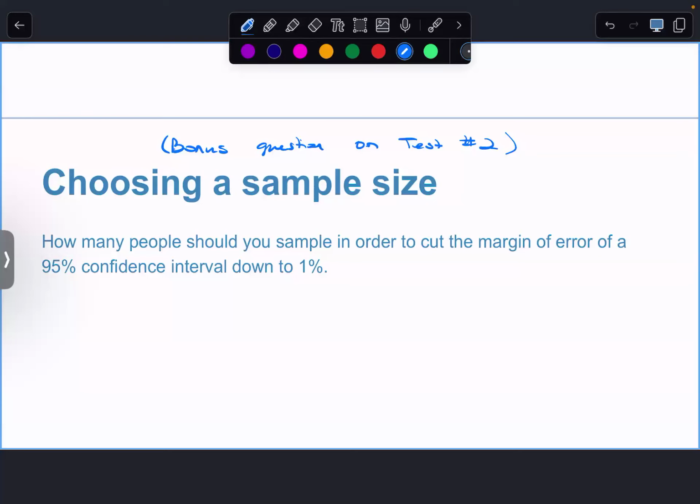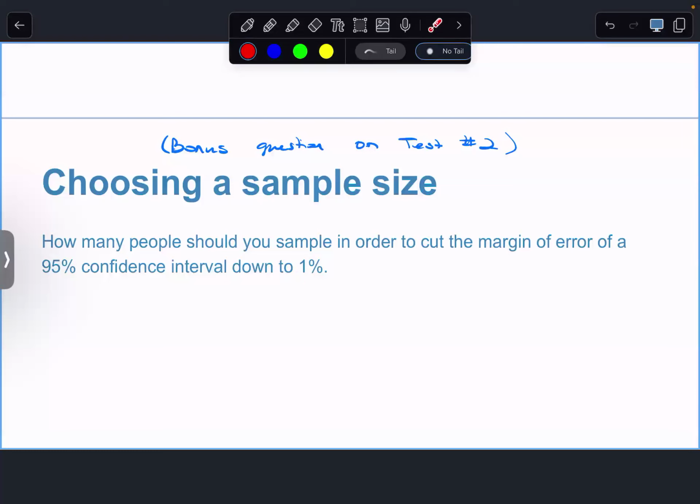We've talked about it briefly, right? We talked about, okay, if I have a confidence interval, then the plus minus chunk is my margin of error. What if I want to force some margin of error before I even collect data? There's kind of 2 scenarios that we're dealing with that the slides will walk you through, right? And so what if you want to cut down the margin of error to 1%, so 0.01?